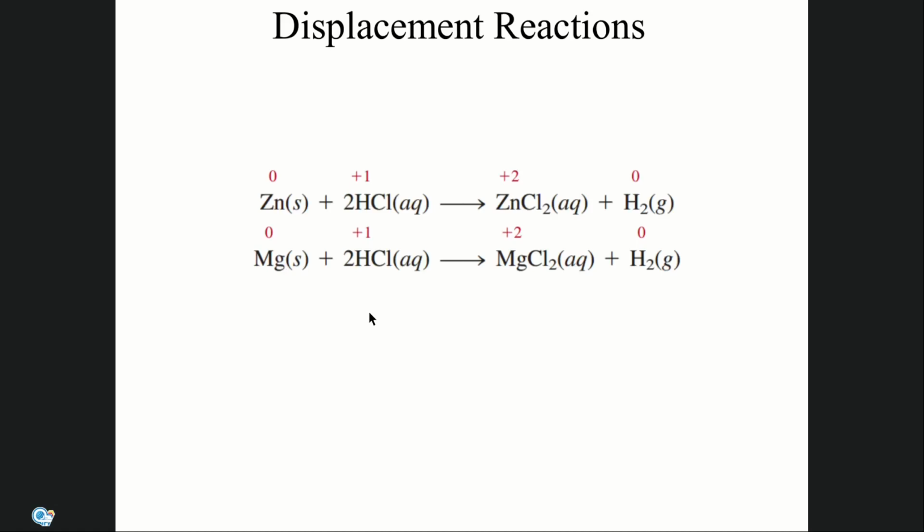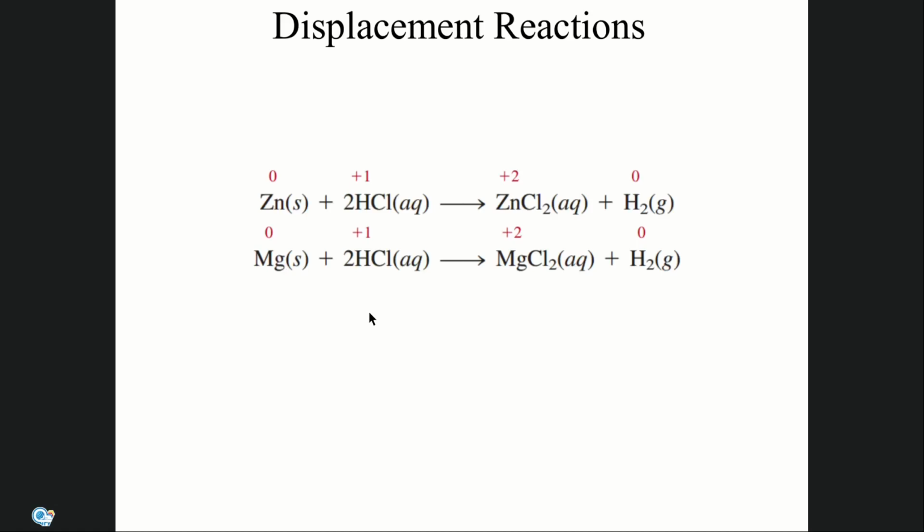According to this series, any metal above hydrogen will displace it from water or from an acid. But metals below hydrogen will not react with either water or an acid.